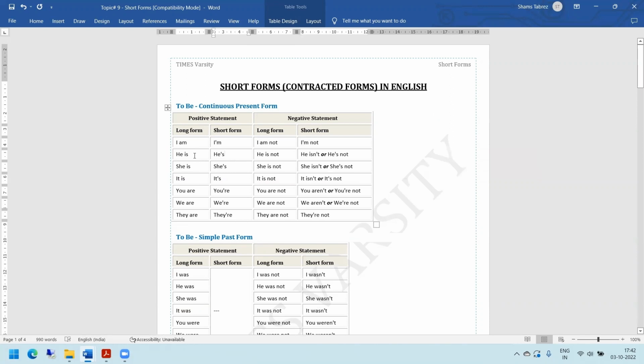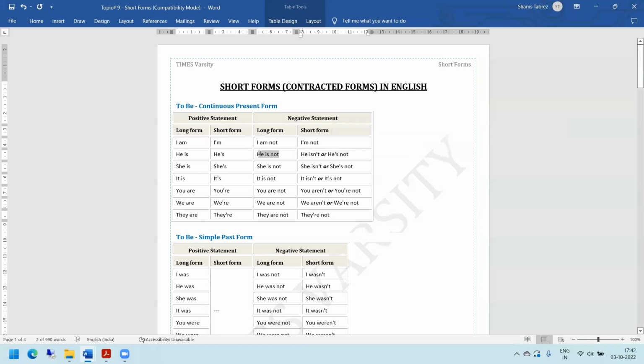Similarly, he is. The short form is he's, apostrophe s. After the pronoun, we are using an apostrophe and then adding s. This is the long form, this is the short form. Similarly, he is not: you can write he's not, or he isn't.